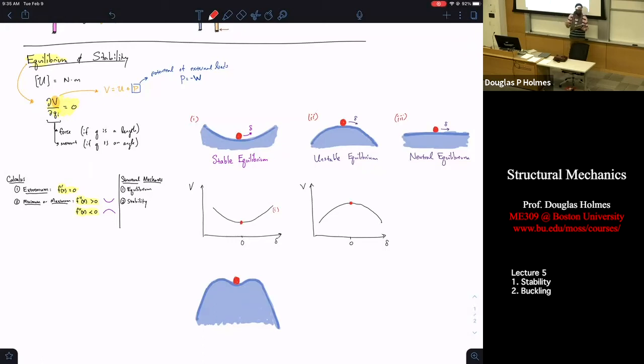It's very hard to find the global minimum. So this is a local minimum, which means there's a little dip here. It's definitely a minimum. If I poke it a little bit, it'll stay in there. Poke it a lot, it's going to change.